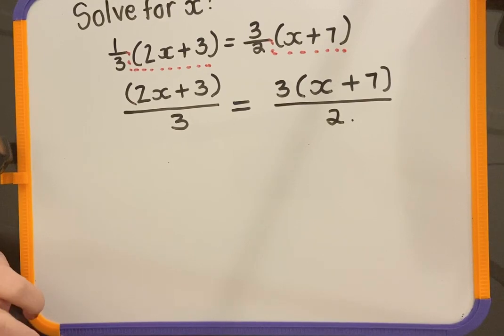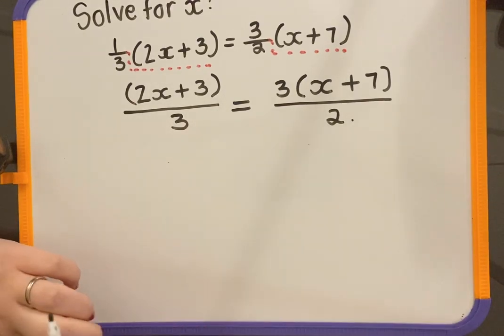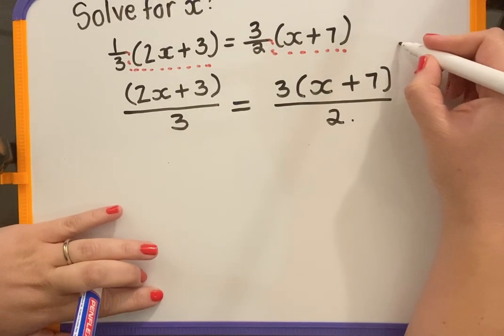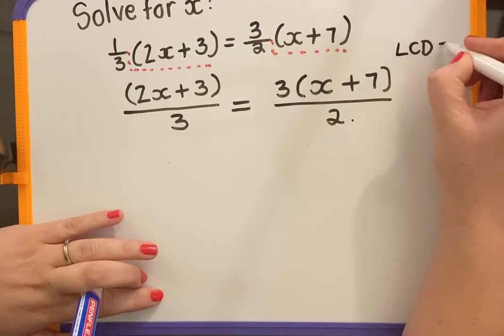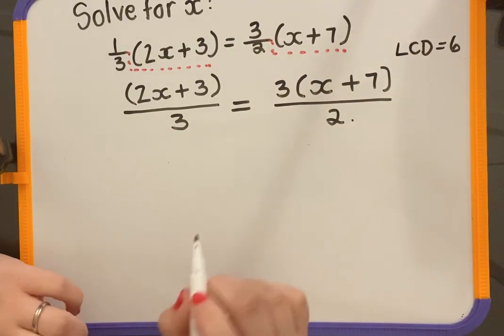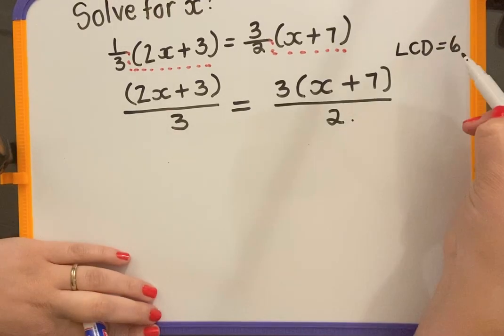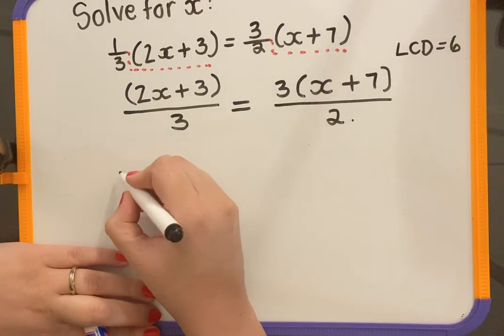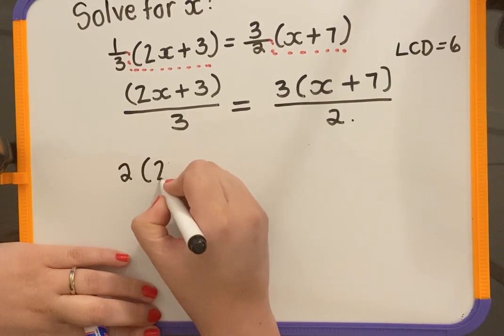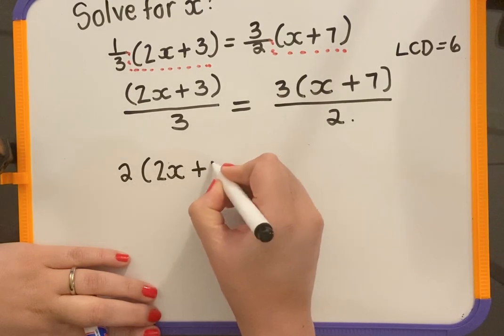Now, how are we going to solve this equation? We say to ourselves, I've got a denominator of 3 and 2. What am I going to do? I find my LCD. My LCD is 6. Again, you could write it over 6 if you wanted to. 3 goes into 6 how many times? 2 times. So it's 2 multiplied by 2x plus 3.